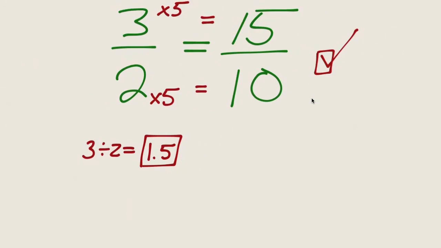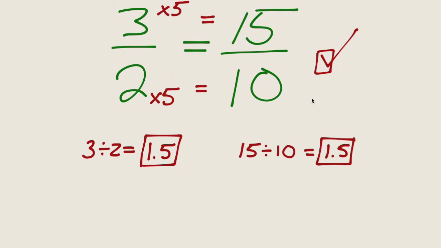And take 15 and divide it by 10. If both sides equal each other, then your proportion holds true. There's lots of ways to check this. So Mackenzie, you find that's easier, right?